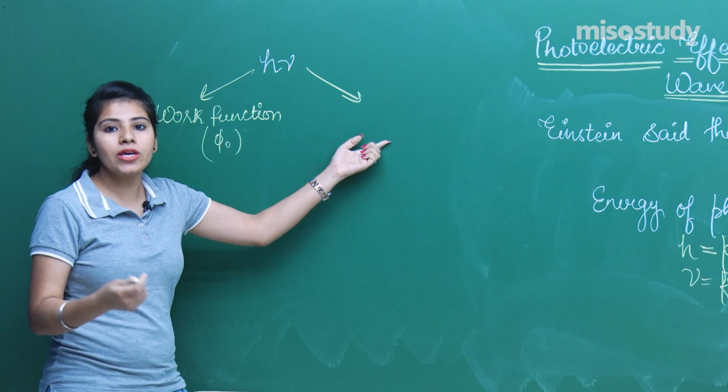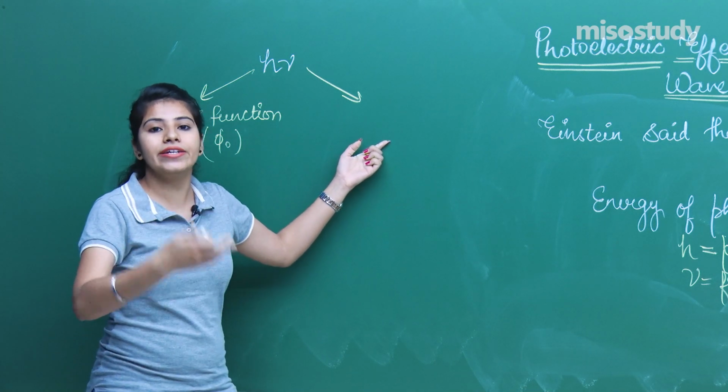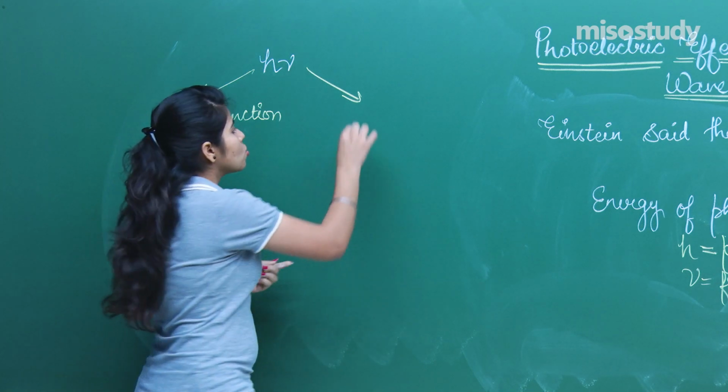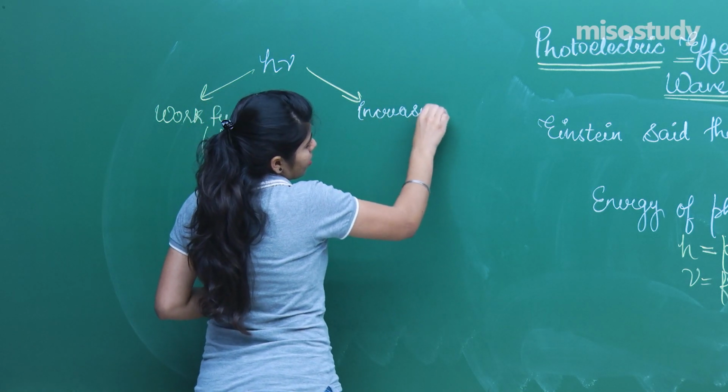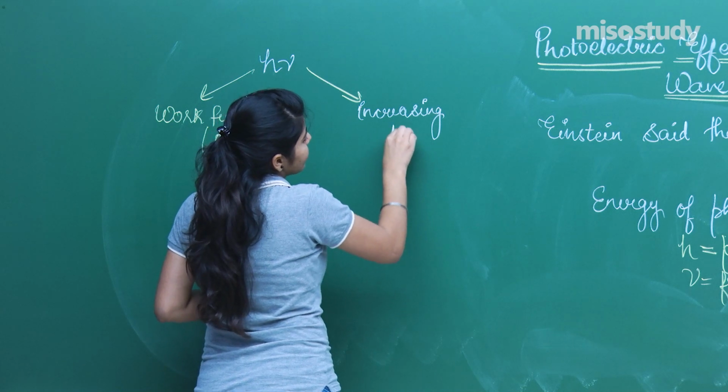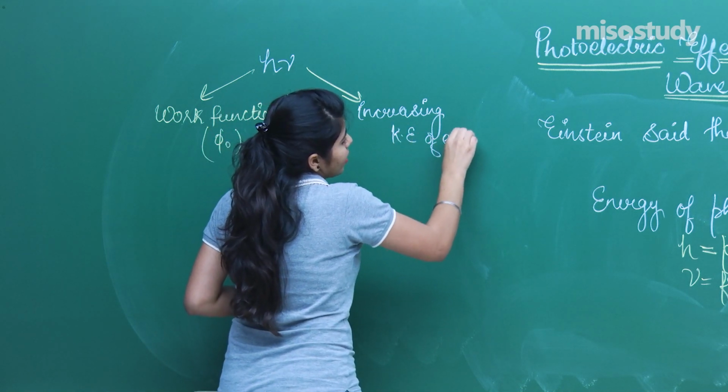So the rest will be used in giving the kinetic energy of the emitting electrons.